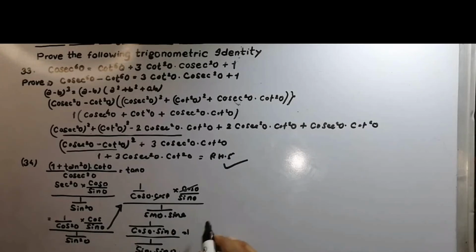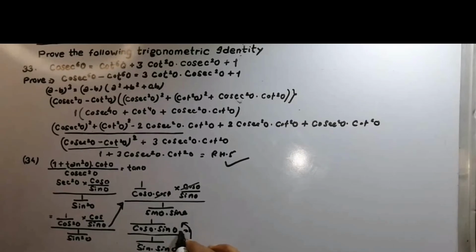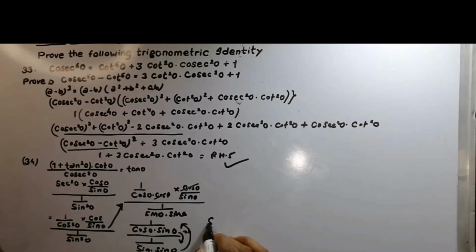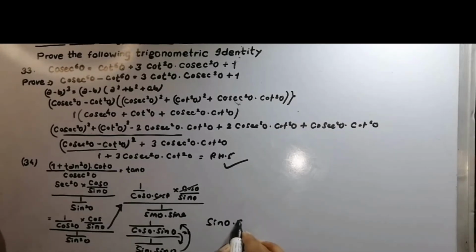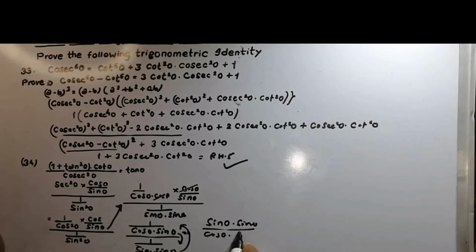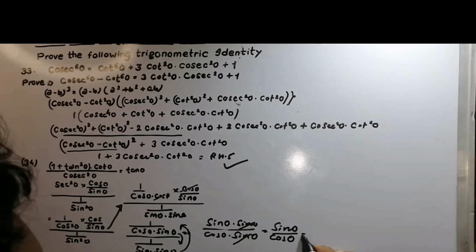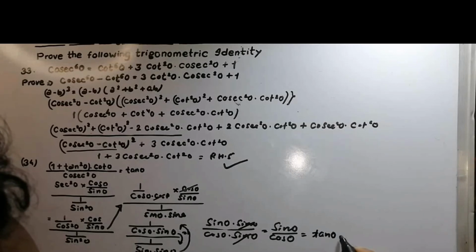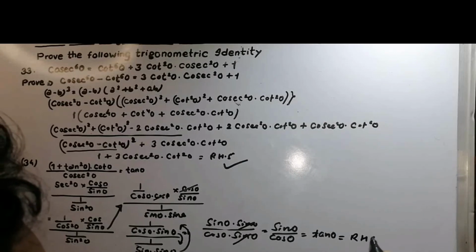It goes upside, and this is downside, so it becomes sin theta into sin theta upon cos theta into sin theta. Sin theta divided by sin theta, so it becomes sin theta upon cos theta. This will be equal to tan theta, which is equal to the right hand side.